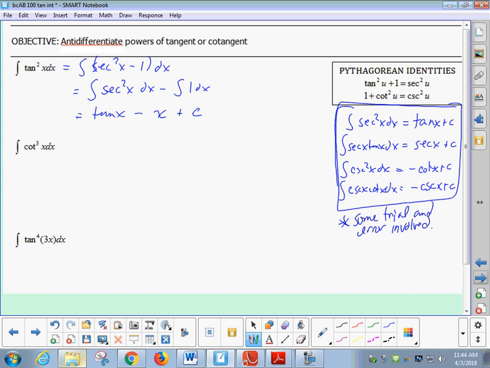Try thinking through cotangent cubed. I want you to have a minute or two to give this a go. It's totally different, obviously.